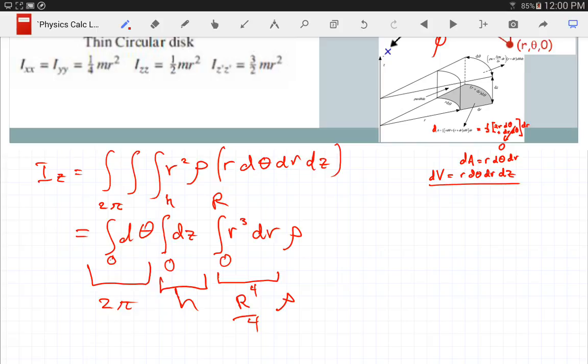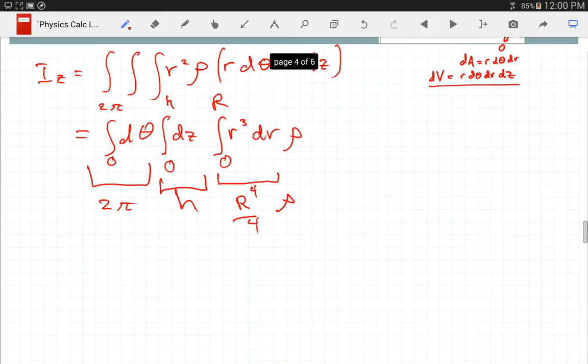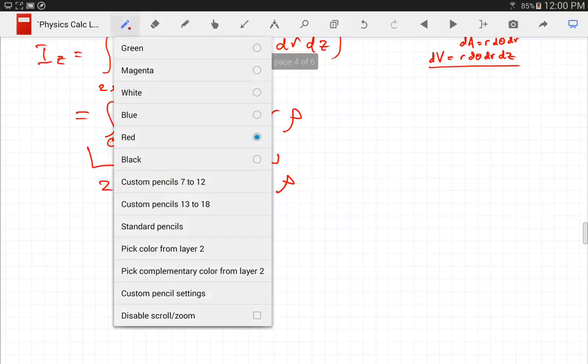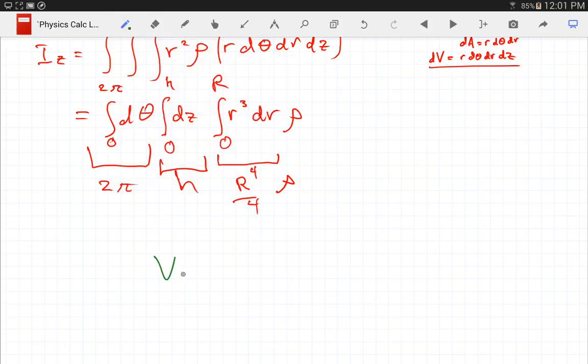So there I've done all of my calculation, but we usually like to put this in terms of the mass, especially because right now I have 2 pi h, and I didn't even define what h is. h is the thickness of this disk. Well, what's the volume of the cylinder? It's what?